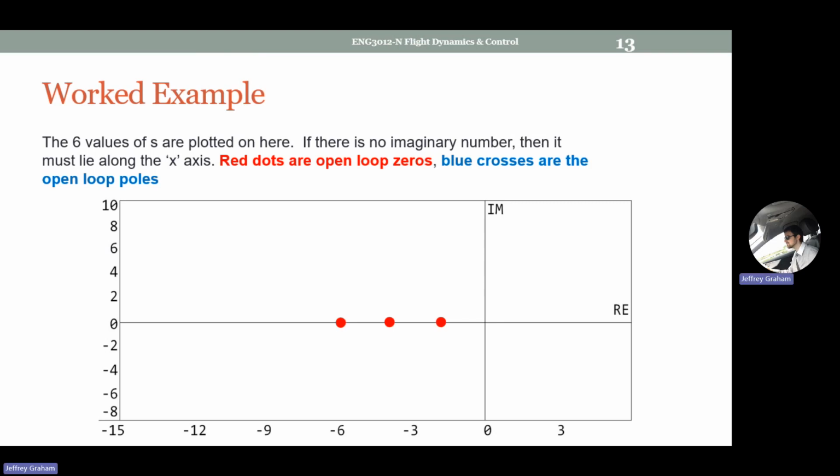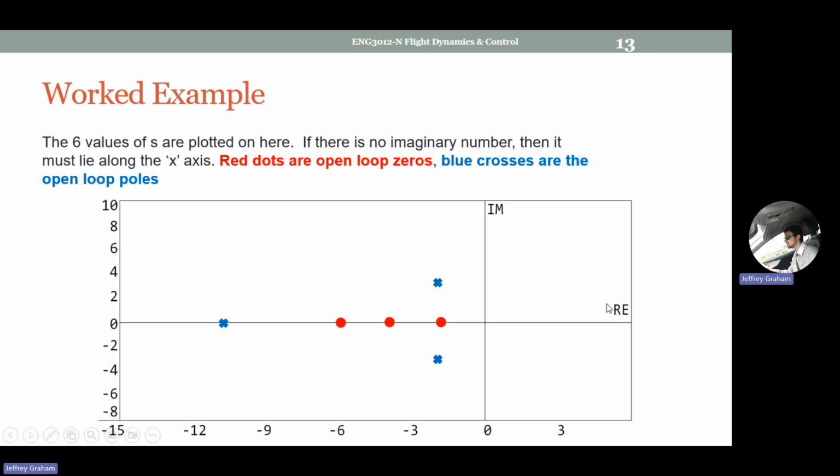The poles were at -10, and then we had the -2 with the imaginary components. Right, they're the starting points.